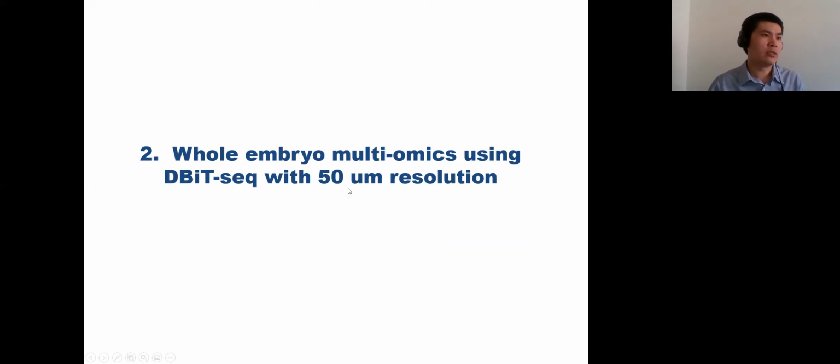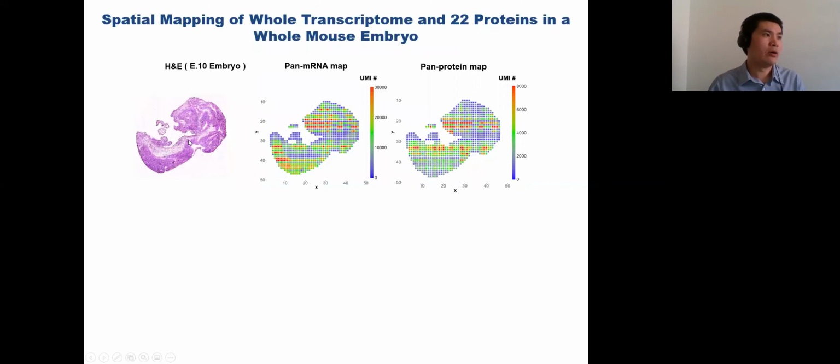And now I want to move on to the real tissue we work on. First, we want to work on a large area with 50 micron resolution. This is a whole embryo, a day 10 embryo. We stained it with H&E, so it clearly shows it's a whole tissue. Then we ran our technology and show here the Pan-mRNA, basically the total mRNA counts for each spot, and also the total protein counts for each spot.